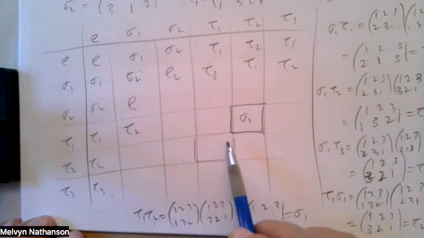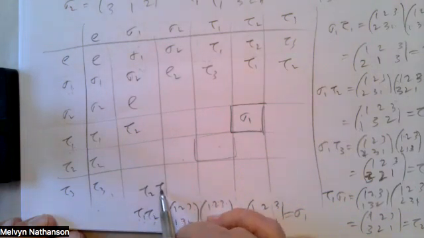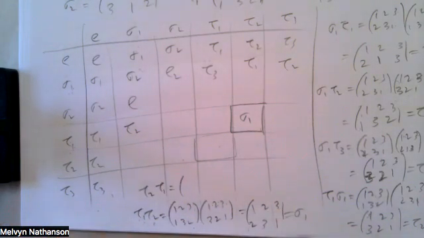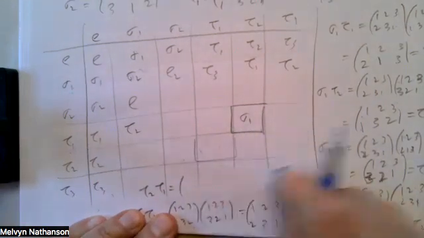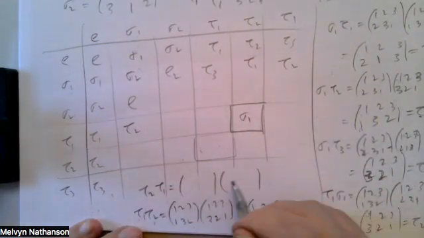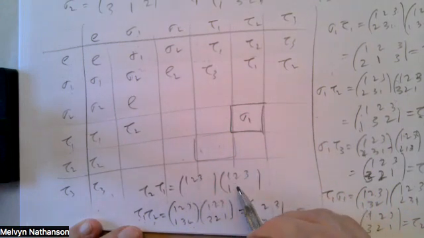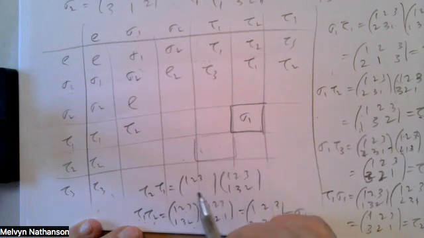Let's see what goes here. What goes here is tau 2 tau 1. Tau 1 fixes 1, interchanges 2 and 3.